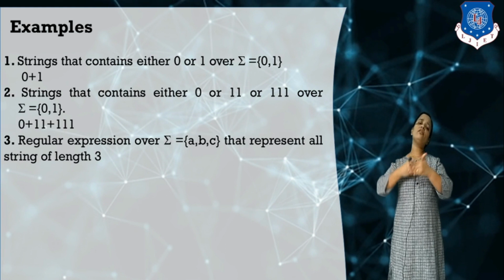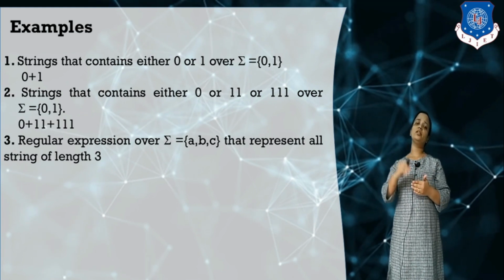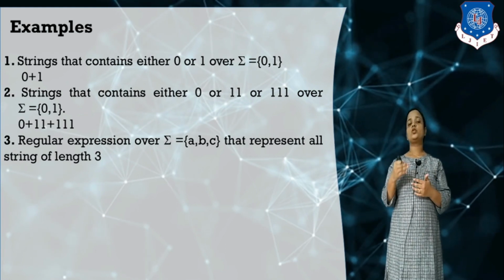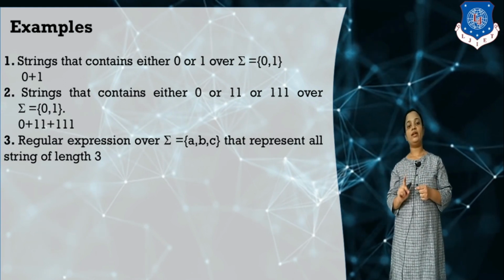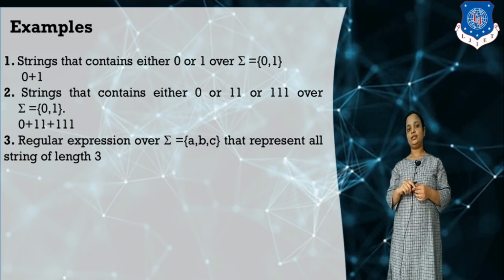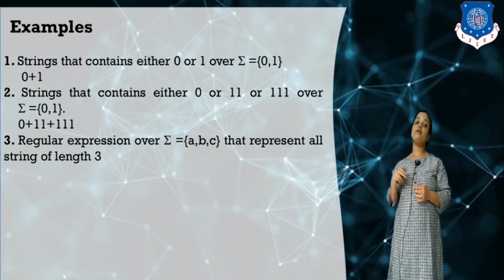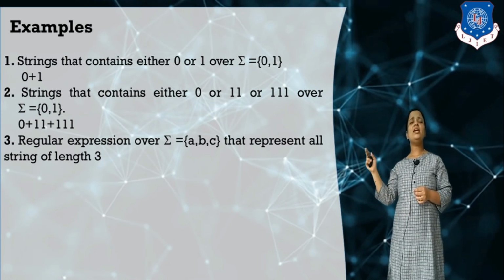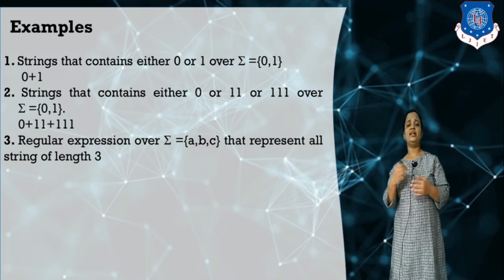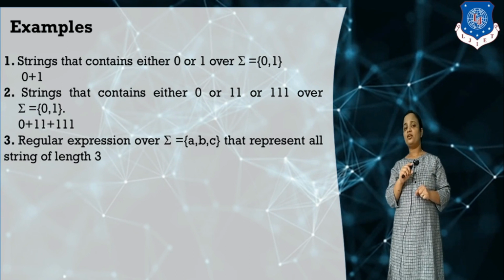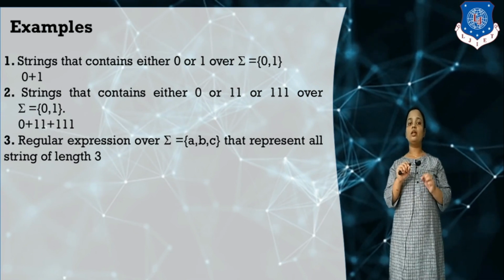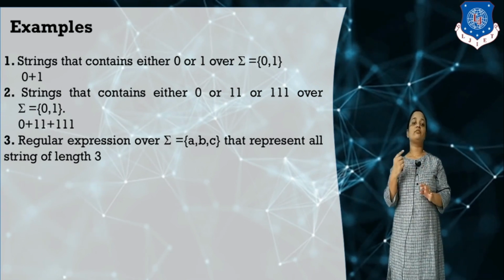So what kind of strings are generated from the alphabet abc? Triple a, yes, this is a valid string. abb, yes, valid. baa, valid. cba, valid. abc, valid. bca, valid. Triple c, valid, like this. But always the total number of characters in the string must be 3.